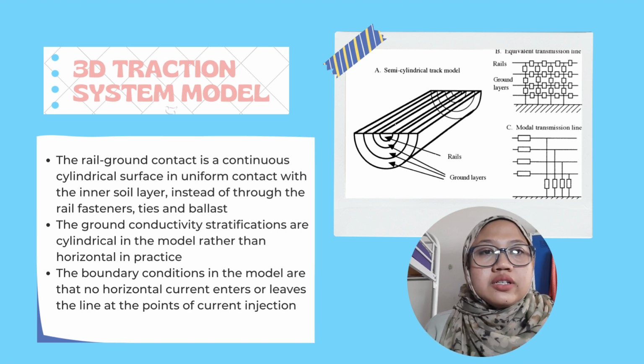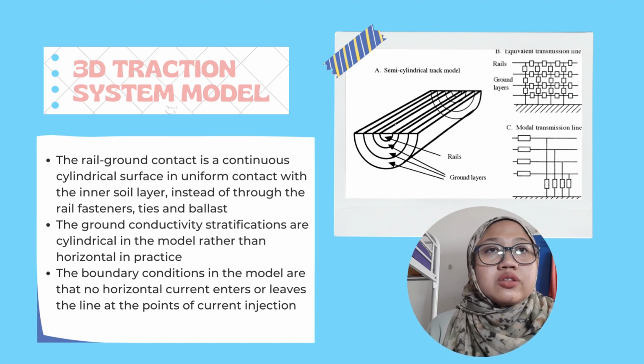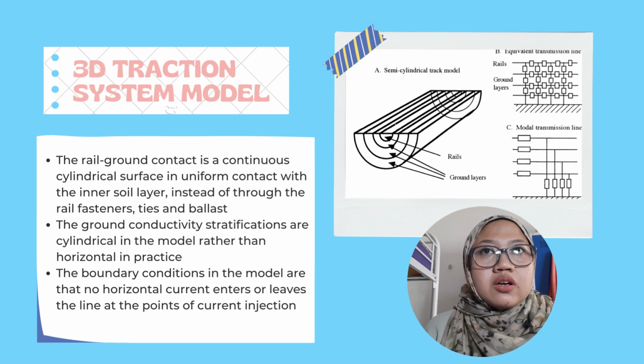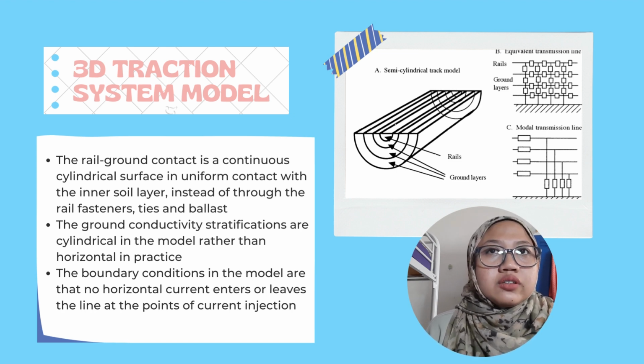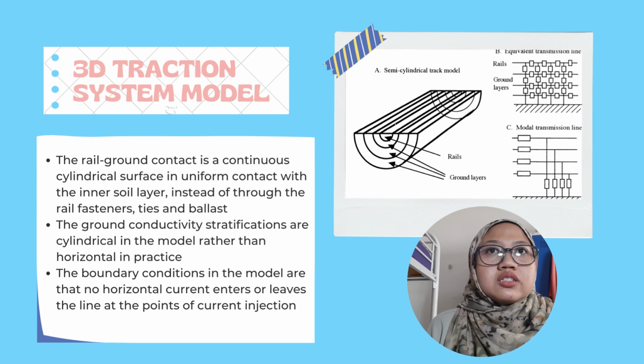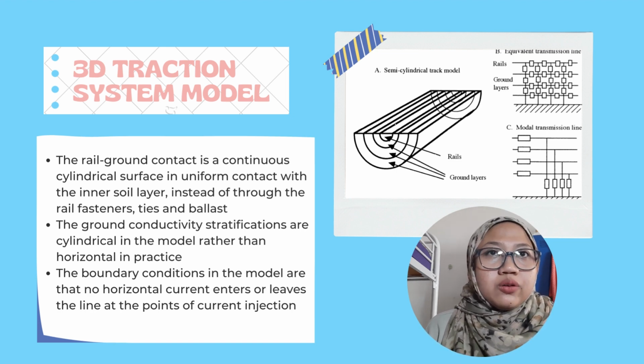Okay, next is the 3D traction system modeling. For figure 3A, the rail is represented as an equivalent semi-cylinder set into the ground. It is divided into layered semi-segments. In this way, the model departs from reality in three ways. First, the rail-ground contact is a continuous cylindrical surface in uniform contact with the inner soil layer, instead of through the rail fasteners, ties and ballast.